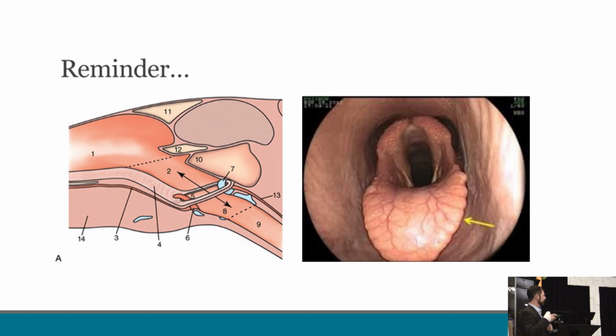You can't actually see it here, but the opening to the esophagus sits right about there. The other thing you can't see in this picture is the opening to the guttural pouches, and there's one on either side, like I was saying before, so they would sit approximately there and there on either side of that pharynx as well. Is that a healthy specimen? This is a normal larynx, yes.